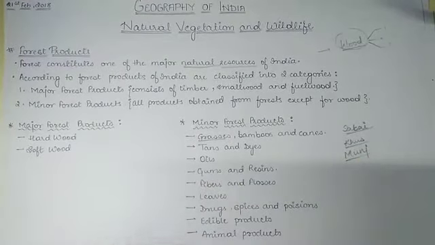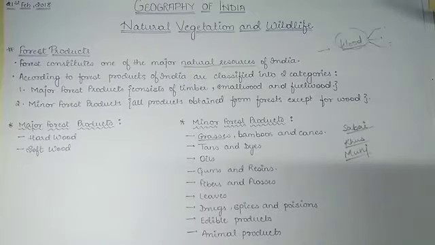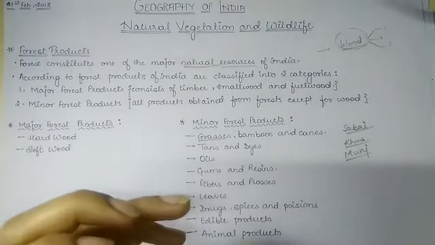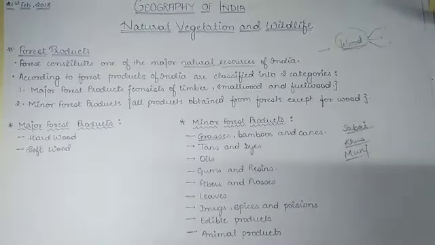Then we have bamboos. Bamboos also belong to the grass family, but they grow like a tree, and they are woody, perennial, and tall. Some of the bamboos attain a height of 30 meters, and about more than 100 species of bamboos grow in Indian forest. Major species are found in Andhra Pradesh, Telangana, Madhya Pradesh, Odisha, Arunachal Pradesh, Karnataka.